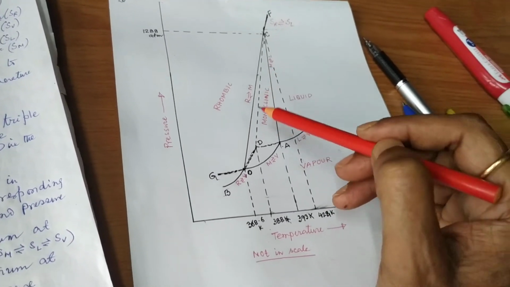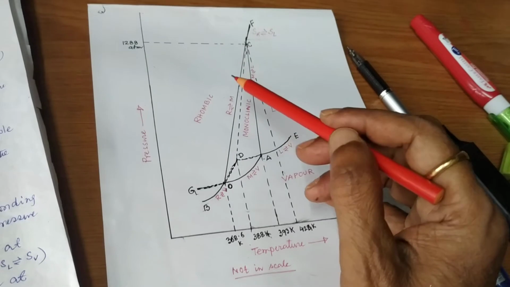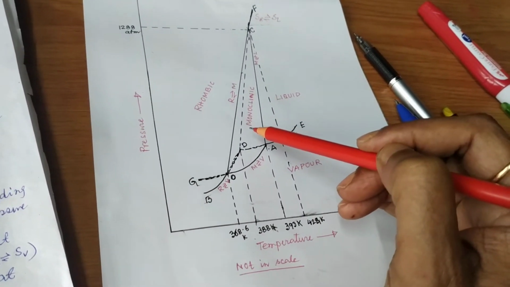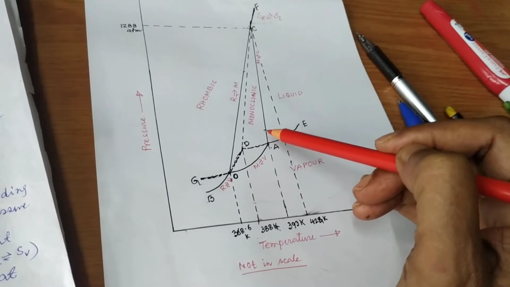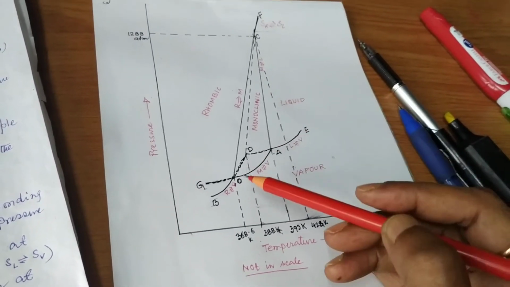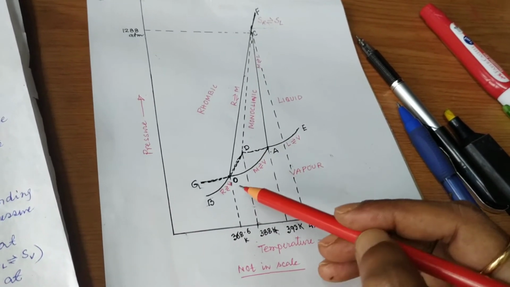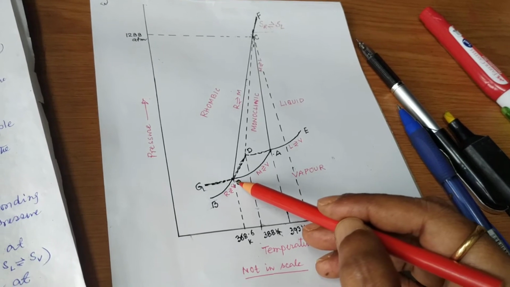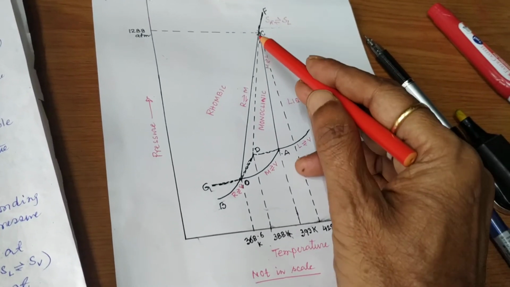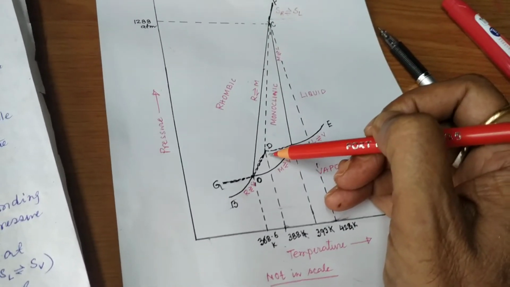Then comes the triple points. There are three stable triple points, O, A and C, and one metastable triple point, that is D.